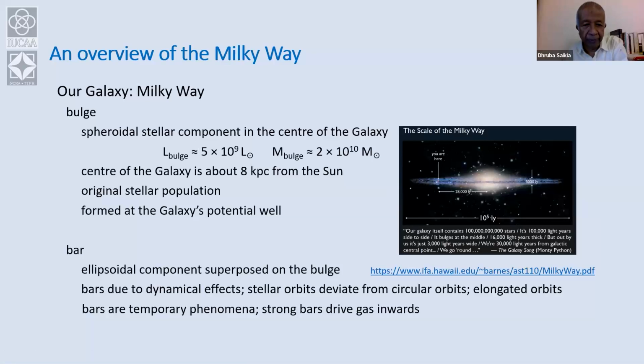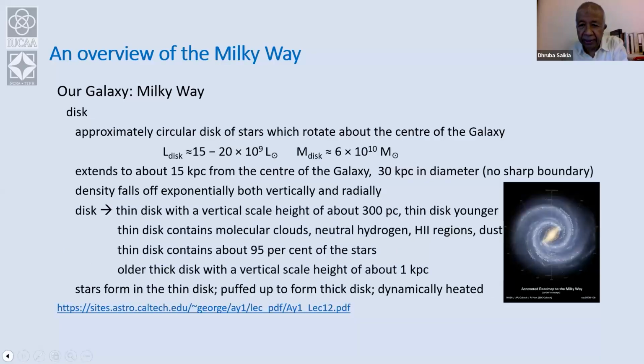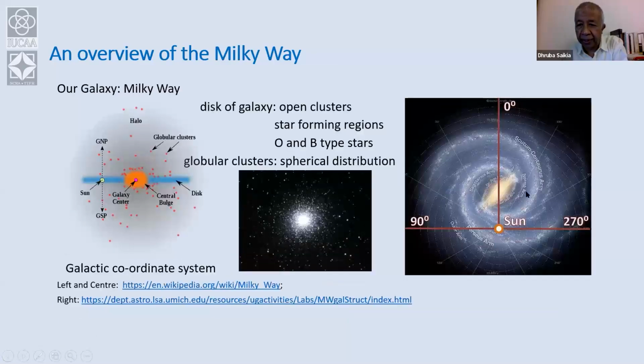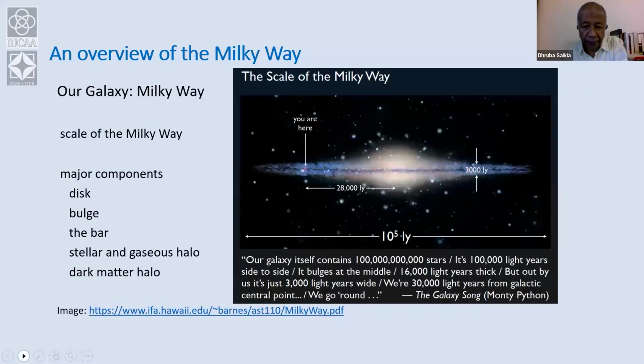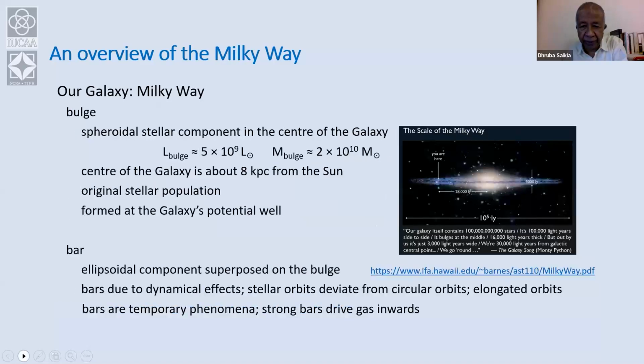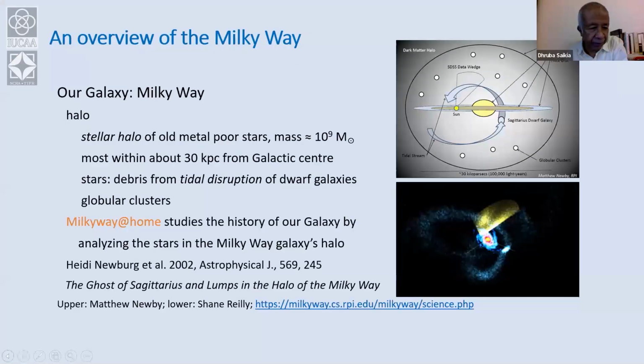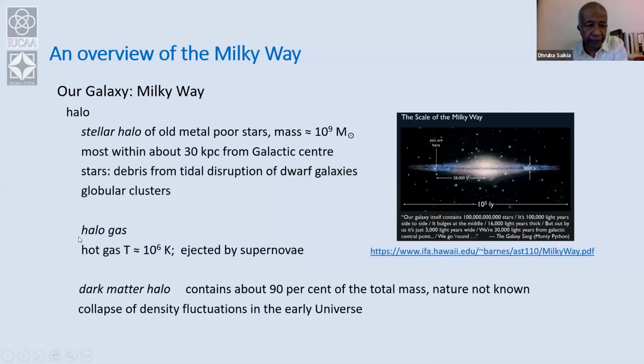Bulge is metal poor, but not as metal poor as the halo stars. And when we look at a face-on galaxy, which I perhaps forgot to highlight, you see a bar as well in the center. We'll briefly allude to how these structures may have formed without getting into too much detail.